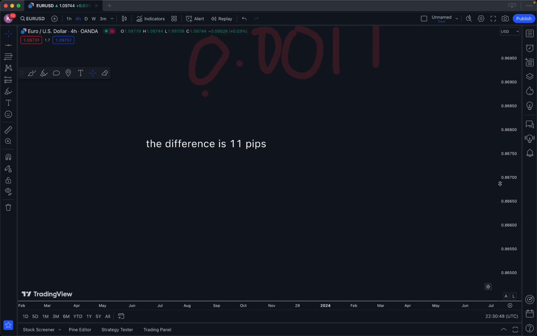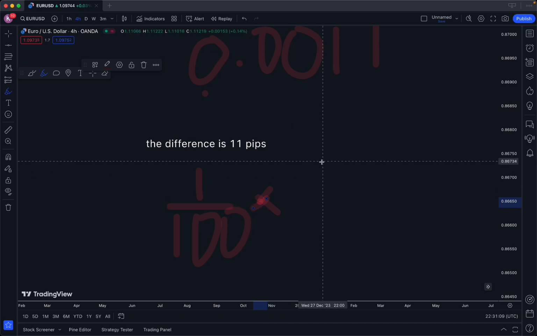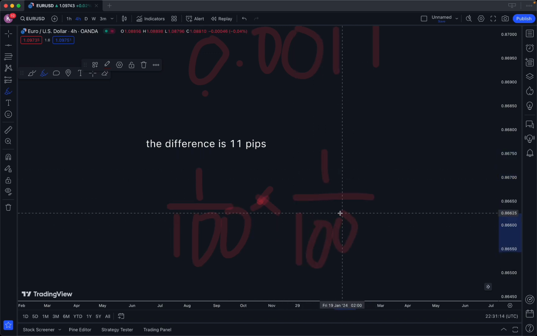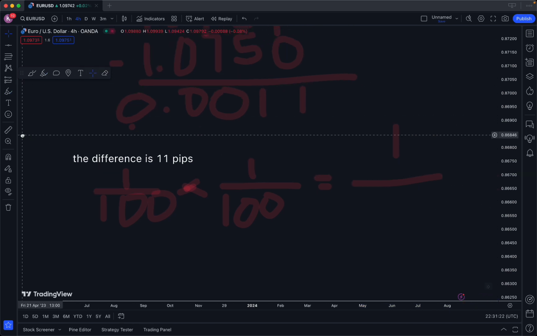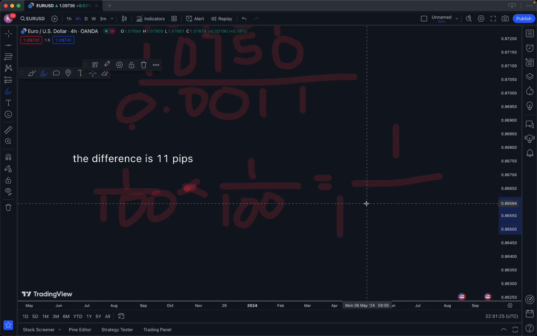We are going to talk about how we got to 11 pips and why it is not 0.0011 but 11. So a pip is 1/100 of 1%. Mathematically, that is 1 over 100 times 1%, which is 1 over 100 times 1 over 100, which gives us 1 over 10,000.